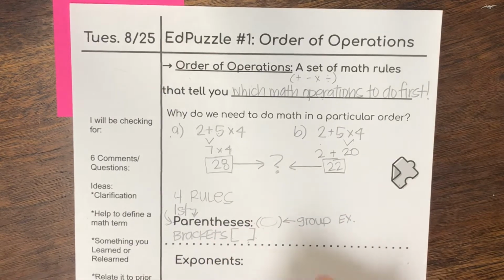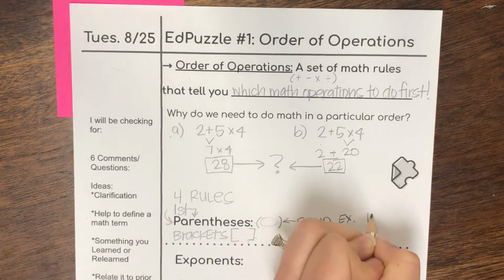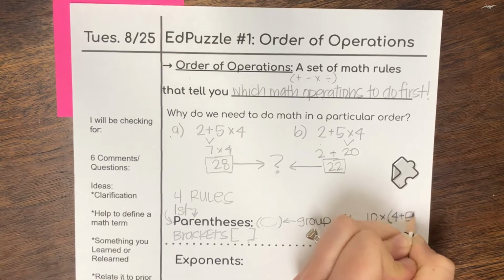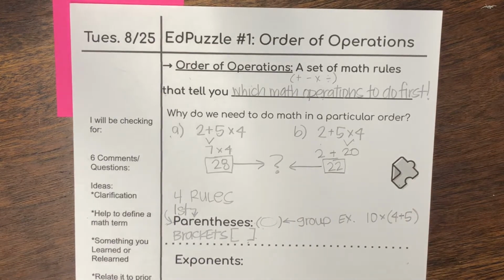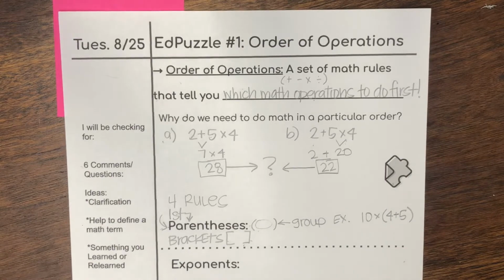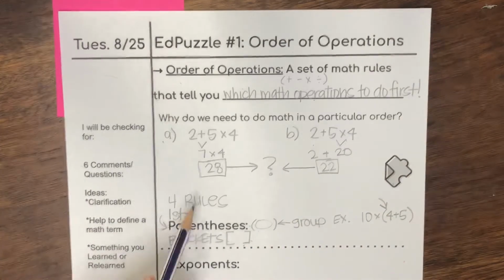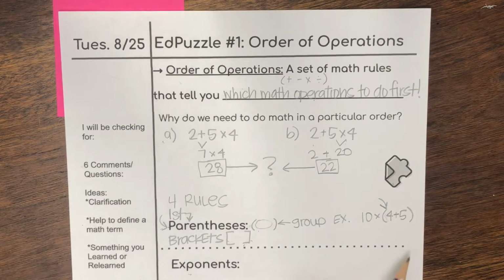So let's use this example. We're going to use the example 10 times (4 plus 5), and we're going to solve that. Since we have a parentheses, our order of operations tells us this we need to solve first. So 4 plus 5, those are 2 like terms.